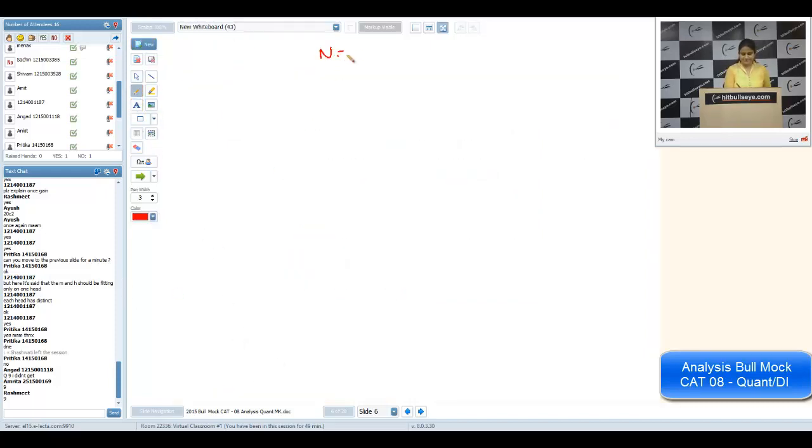Let n be 6. So n square will be 36. If I write the factors of 36, I'm going in sequential manner. It can be 1 into 36. It can be 2 into 18. It can be 3 into 12. It can be 4 into 9. It can be 6 into 6. So what is n here? N is 6. What was the condition now?